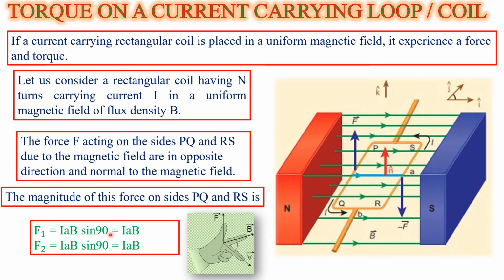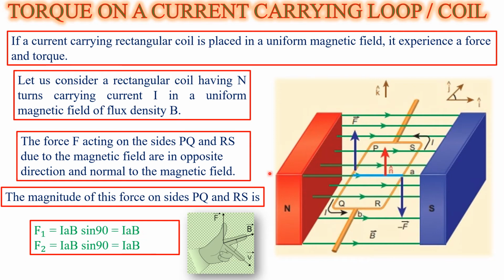Here theta is 90 degree because the length of the sides A is perpendicular to the magnetic field B. In that condition we take theta equals to 90 degree when A and B are perpendicular to each other. So in that case we get IAB sine 90 degree equals to IAB, maximum force.